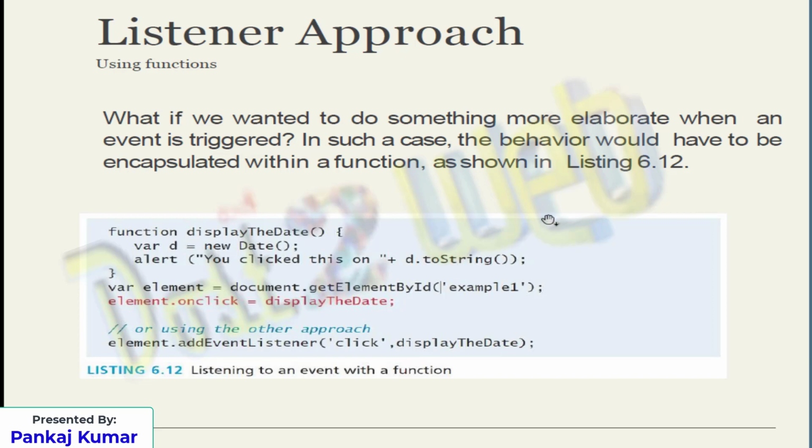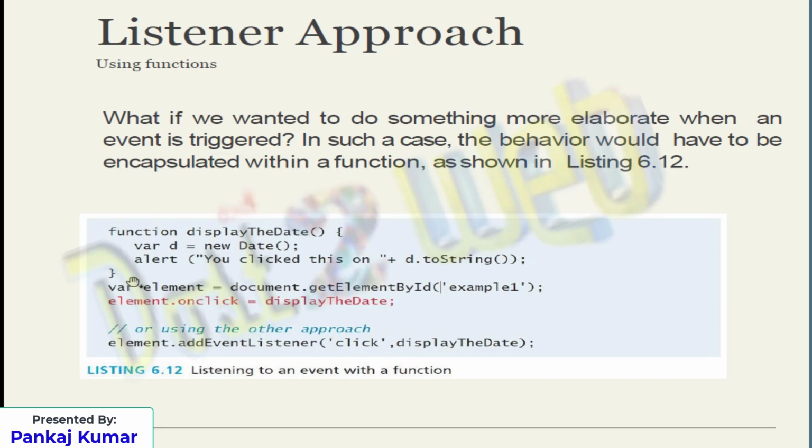So what if you want to do something more elaborate when you want the event to be triggered? In such a case you have to use encapsulation. Within the function you are going to encapsulate the event. How is that possible? Let's see here. The same way, so far we have seen just the variable.